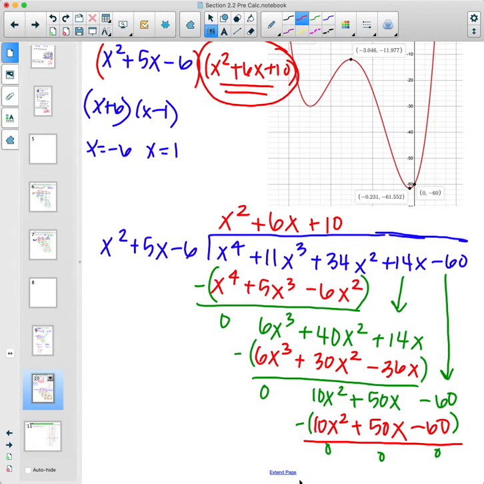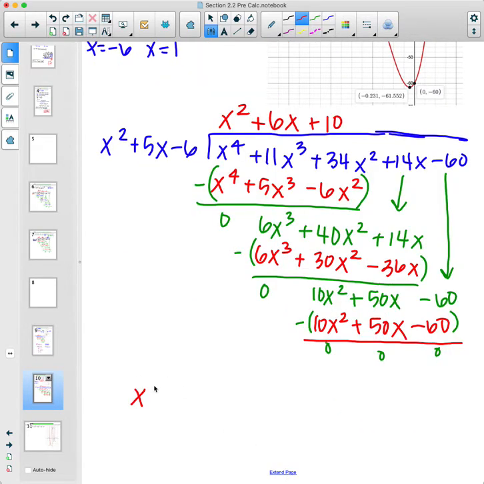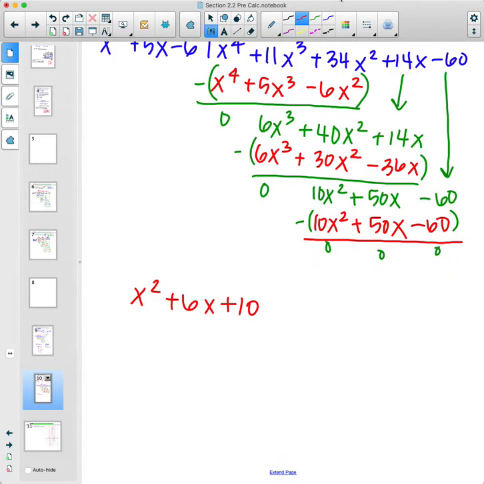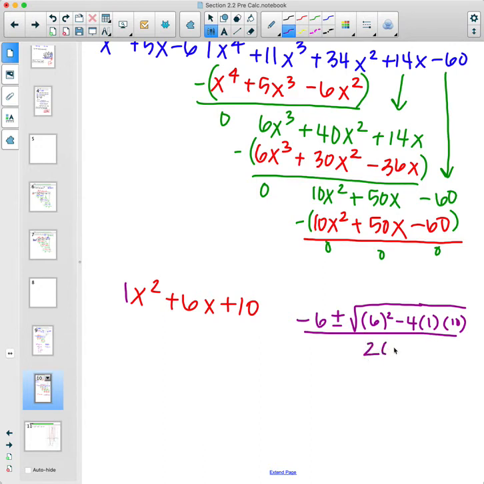So we're going to take that quadratic, x squared plus 6x plus 10, and we'll have to do the quadratic formula to find our imaginary roots. So that's the opposite of b, so negative 6 plus or minus the square root of b squared minus 4 times a times c, all over 2a.